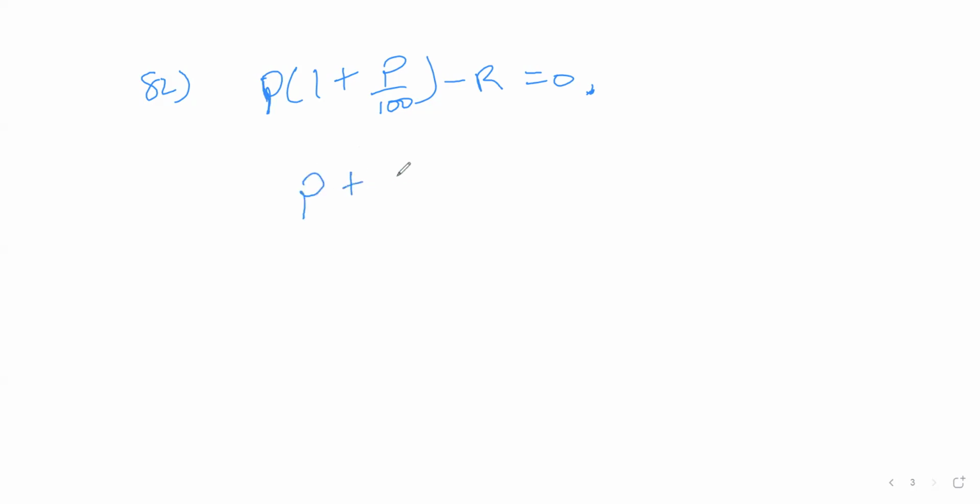I'm just hoping it won't give us a quadratic. It may. Okay, it's giving us a quadratic, which is not really what I want because we are yet to do quadratic equations. So I would like us to leave number 82 until we do quadratic equations, and go to maybe number 86.